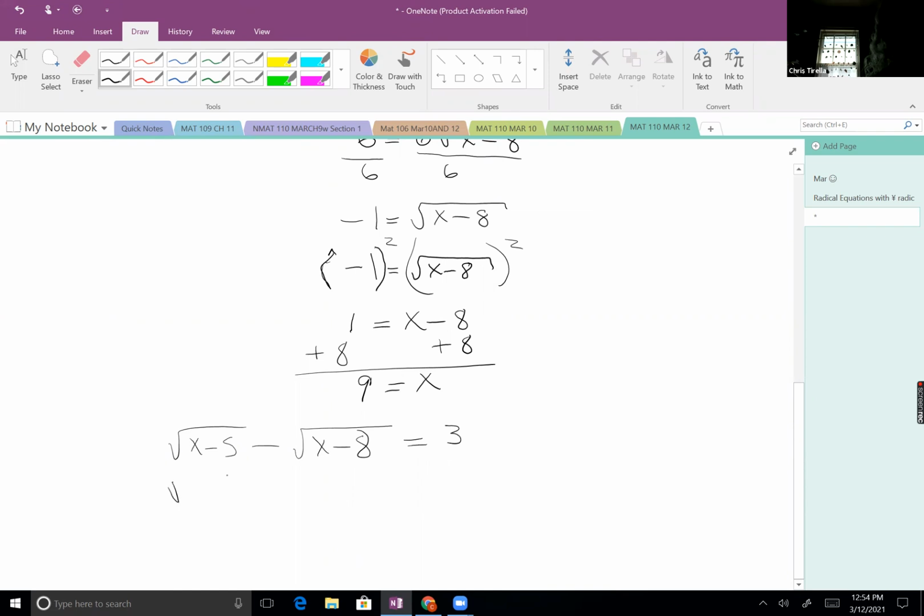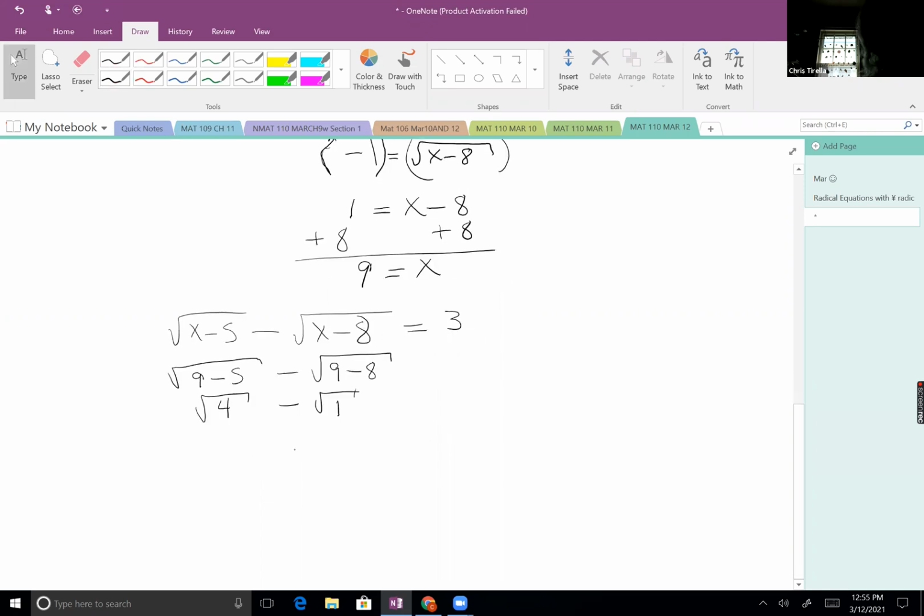Substituting a 9, the square root of 9 minus 5 minus the square root of 9 minus 8. Well, that would be the square root of 4 minus the square root of 1, which gives me 2 minus 1, or 1. Oh, does 1 equal 3?